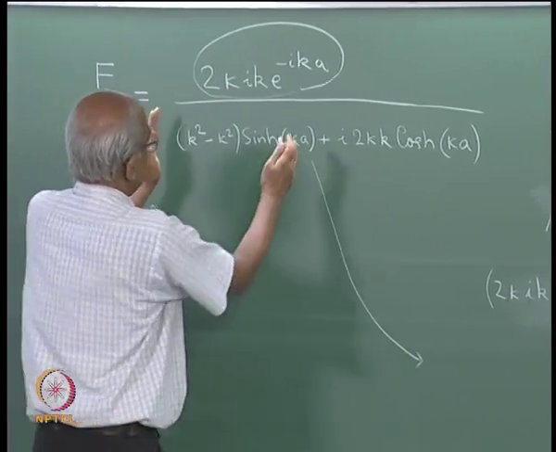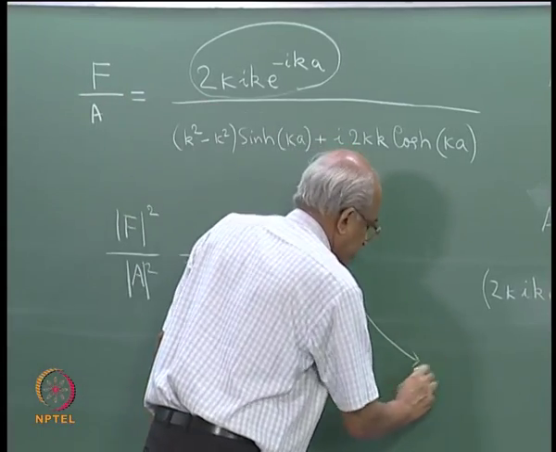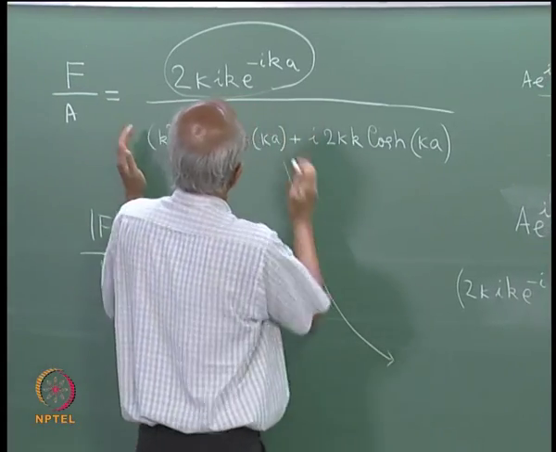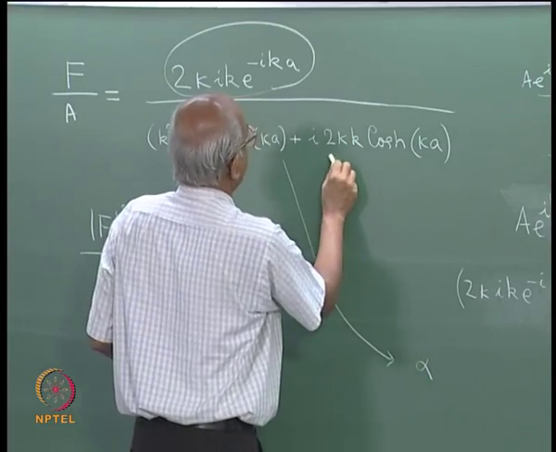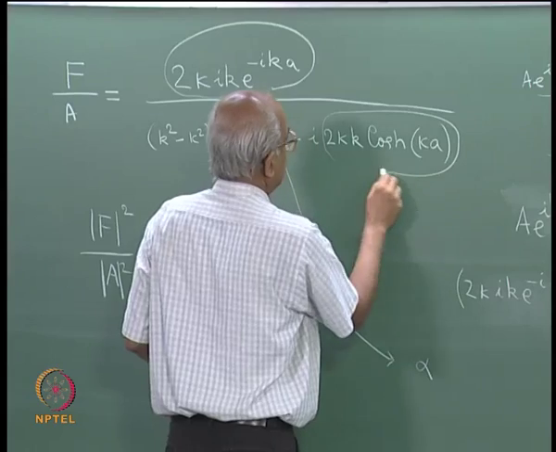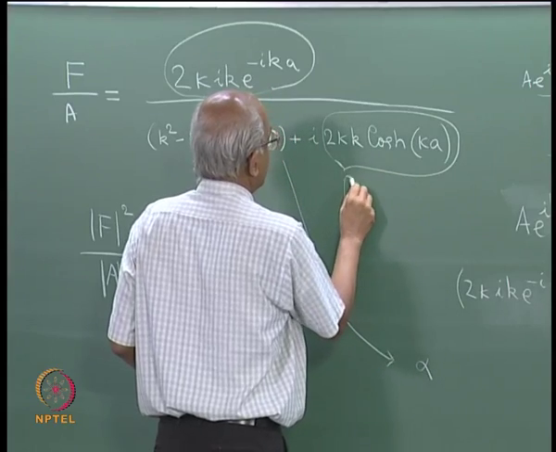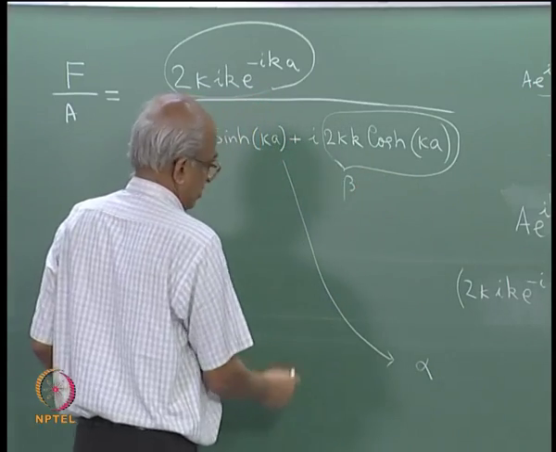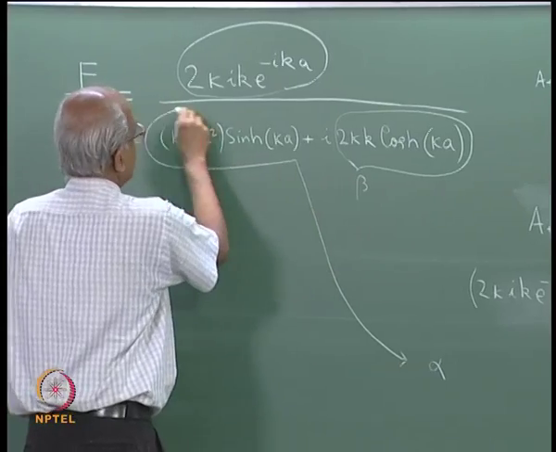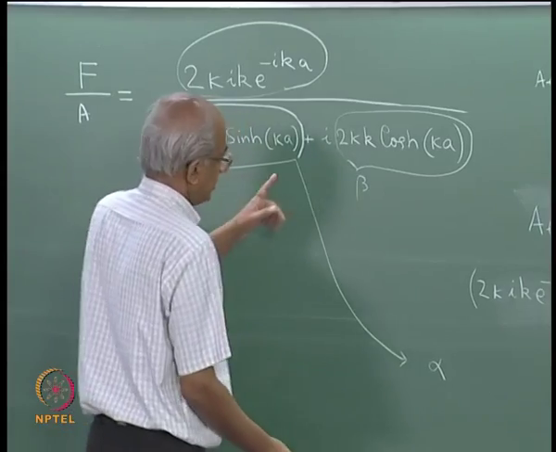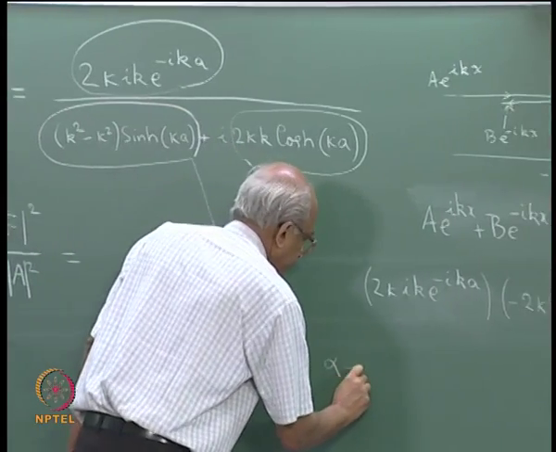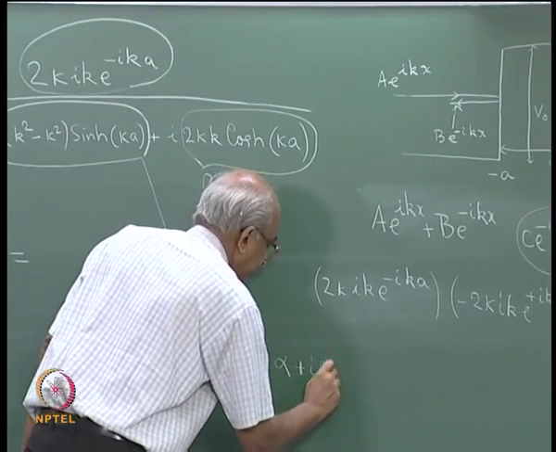Notice that this is actually of the form some constant, which I may refer to as alpha, and another constant which is this one, I shall denote as beta. So therefore it is of the form alpha plus i beta.